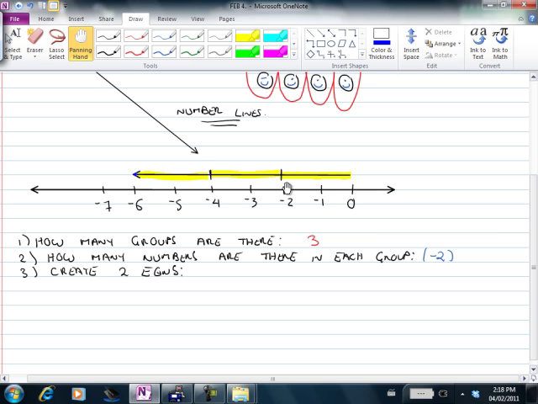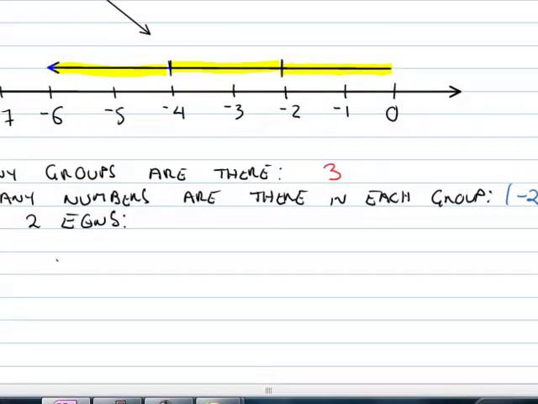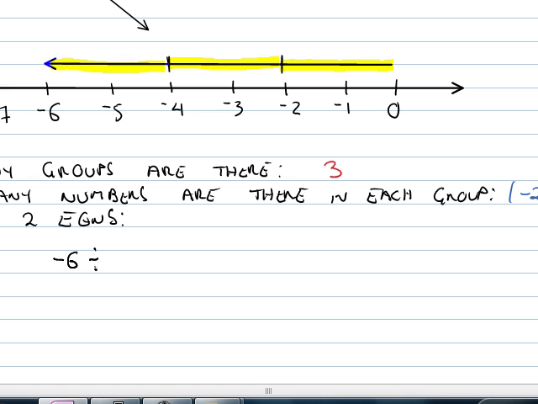Now, to create this equation, start with the highest number you have, which only goes up to -6. So you can go -6 divided by 3. That's one answer. Where did I get 3 from? 3 is from your group. Or I can have another solution.